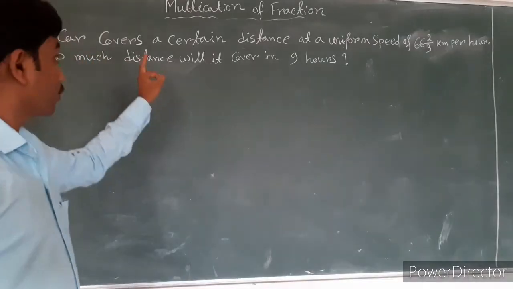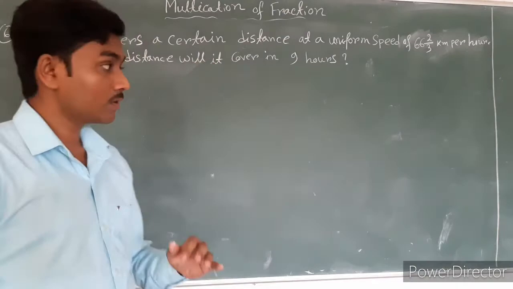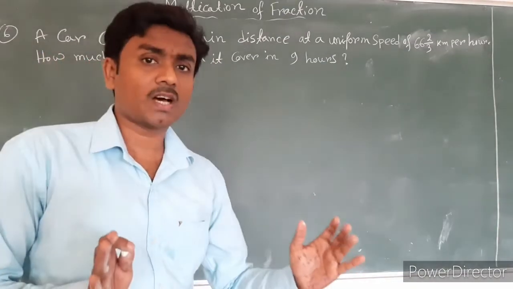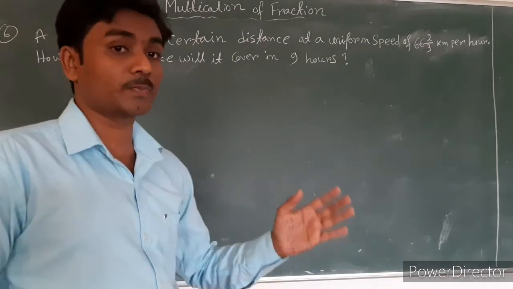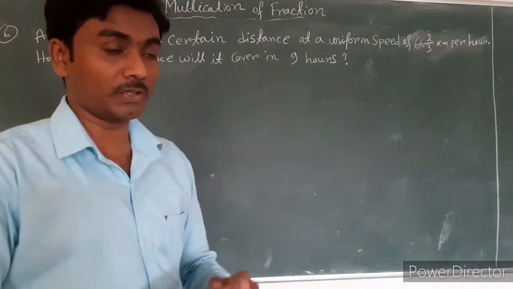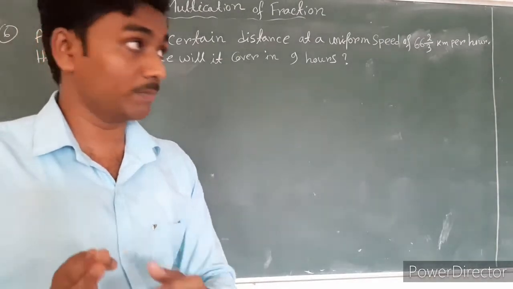A car covers a certain distance. Certain distance means some distance at a uniform speed. Uniform speed means equal speed. That means speed never changes.